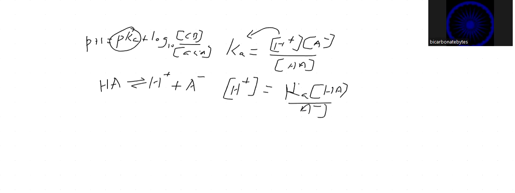Now we'll take log on either side. So log H plus is equal to log of Ka into HA by A minus.